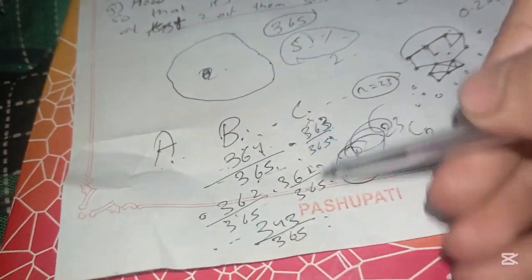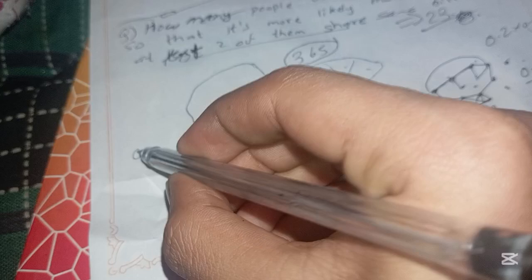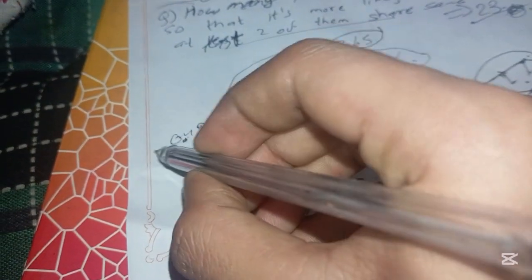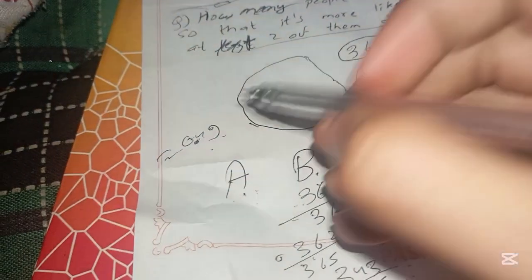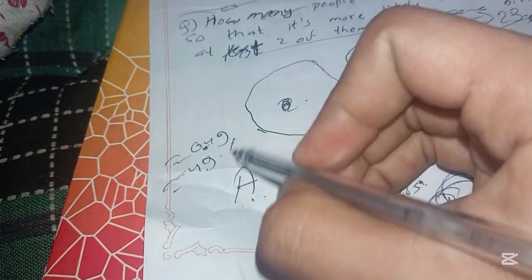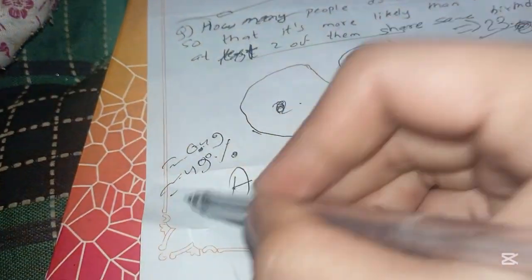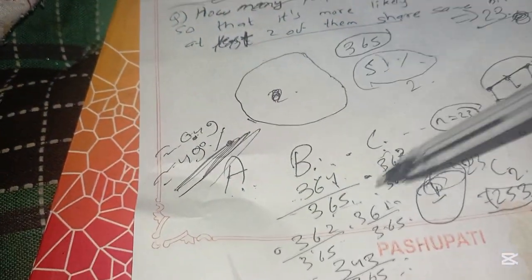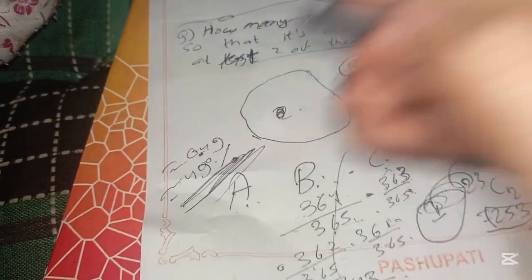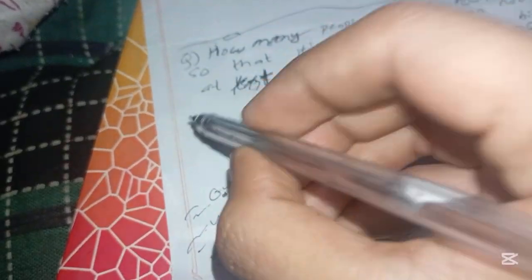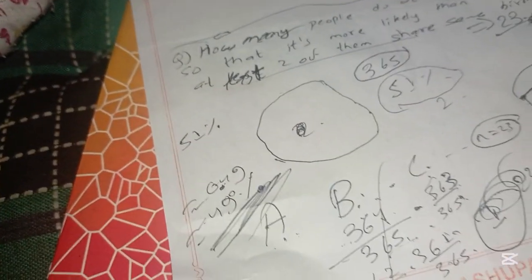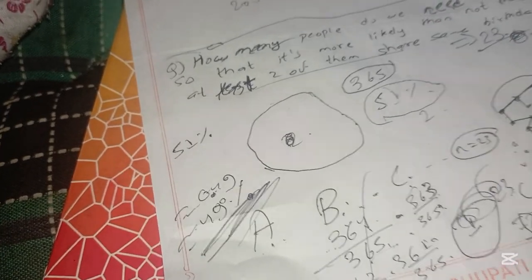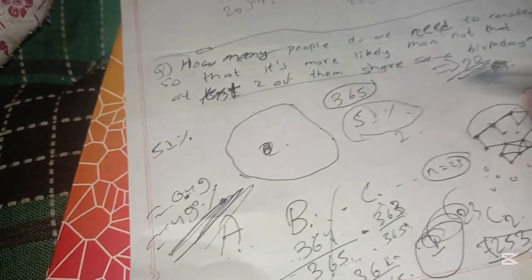If we find the probability of this, it's going to be about 0.49 of no one sharing the same birthday, and in percentage, approximately 49%. So there's a 49% chance that none of them share the same birthday. From here, we can say that there is a 51% chance that at least two of them share the same birthday. So yeah, we proved that it is 23.